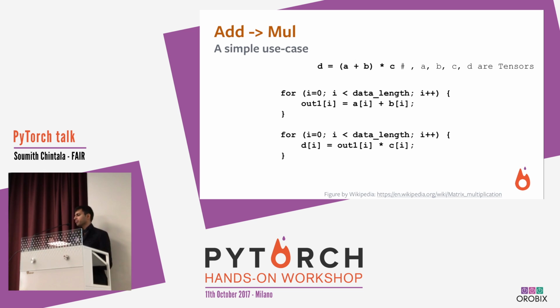Because tensors typically have 100,000 elements, or they're very large, you can't fit these things in L1 or L2 caches completely. So you are bottlenecked in this particular statement by how fast you can pump these tensors into registers, do your computation, and then pump them out.